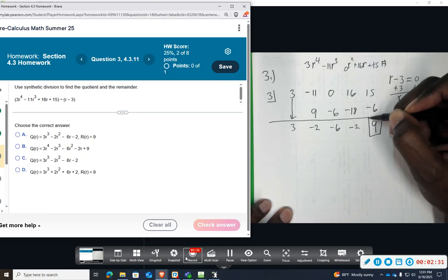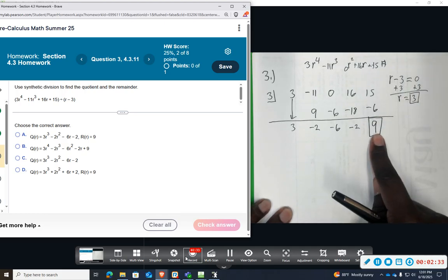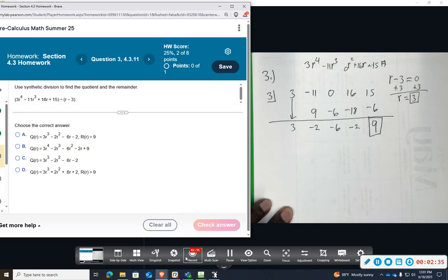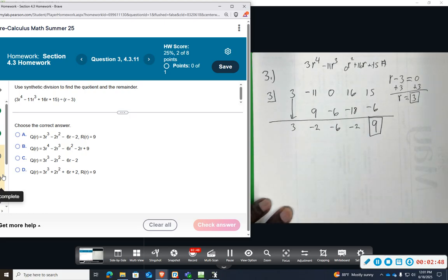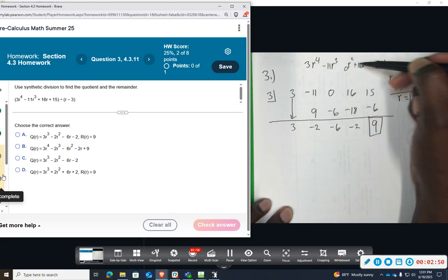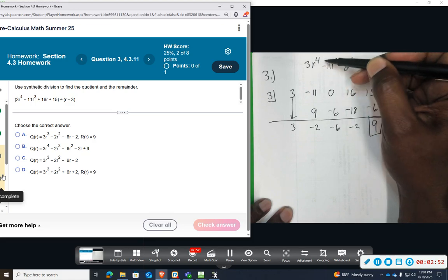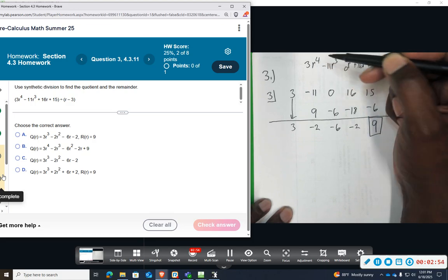So the fact that we did not end with 0 means it's not a factor. However, we want to write the quotient, and we want to write the remainder. So the numbers that you have are going to be a part of your quotient. Just like what we started with, we have a polynomial with r as our variable.